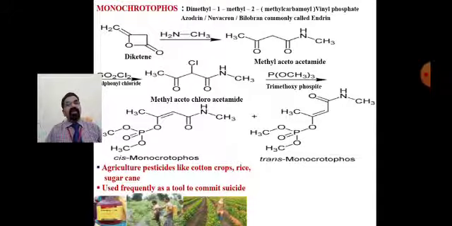In this picture we have shown farmers applying Andrin in their fields to control all types of pests. Unfortunately, Andrin is also frequently used as a means of committing suicide by human beings.